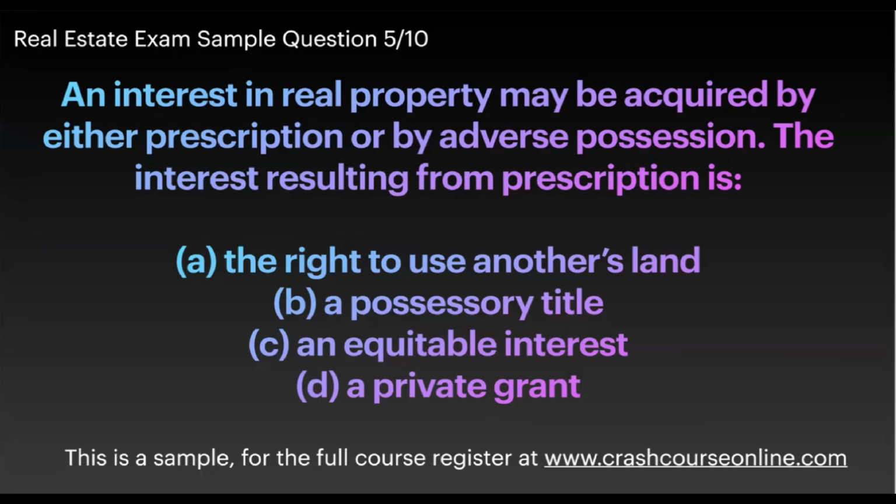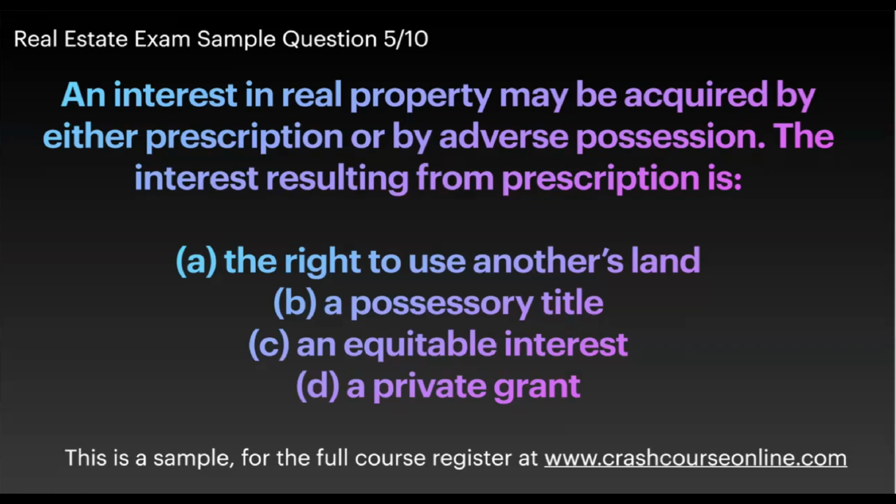I pay the property taxes, I notoriously and openly and hostilely occupy the property under some claim of right, and I can get ownership of the property through adverse possession. Prescription is a related concept. It's hostile, and you have to notoriously and openly use the land upon which you want the easement, but you don't need to pay the property taxes in prescription, because you're not trying to get ownership. In prescription, you're trying to get the right to use someone else's land.